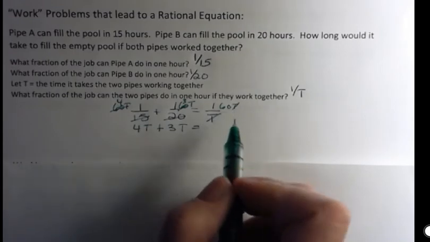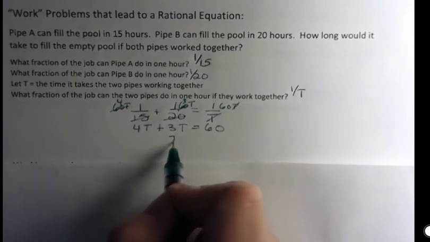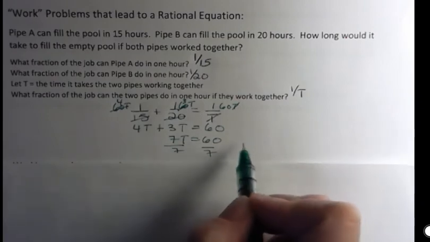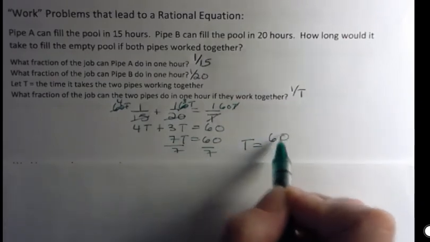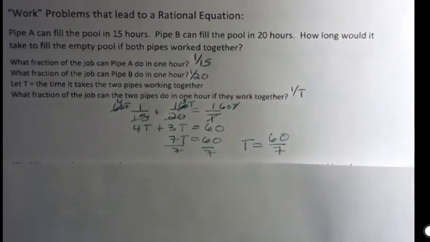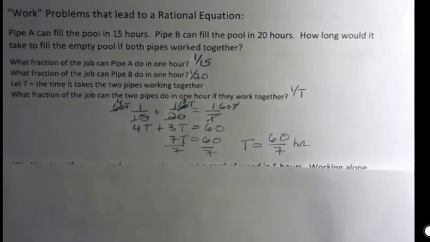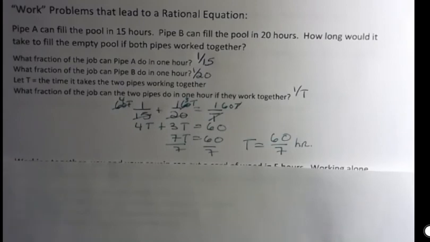The T's cancel, and you get 60. That's 7T equals 60, and divide both sides by 7, and T equals 60/7. I'm just going to leave it there, whatever hours that is. If they ask you for a decimal, then you would divide that out.